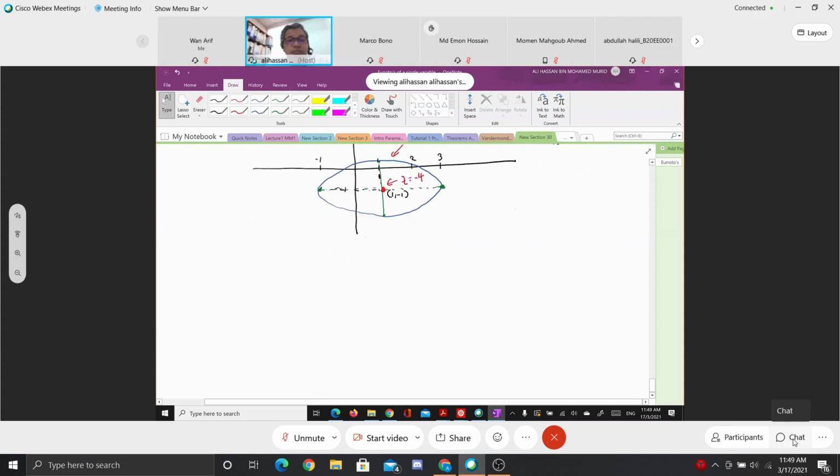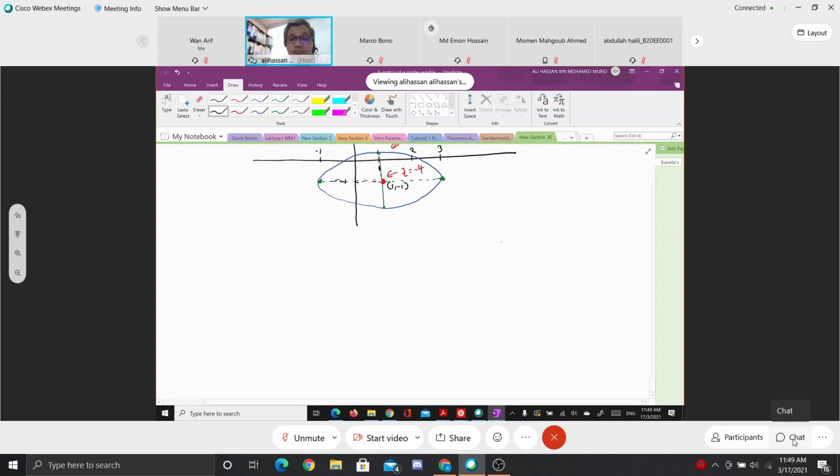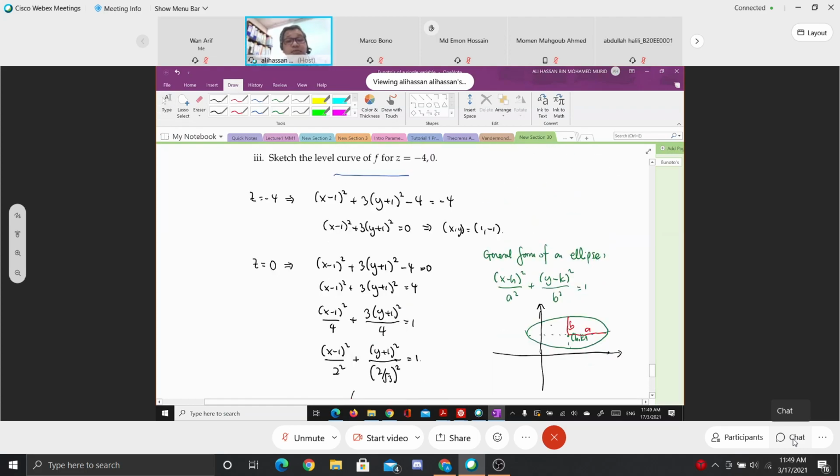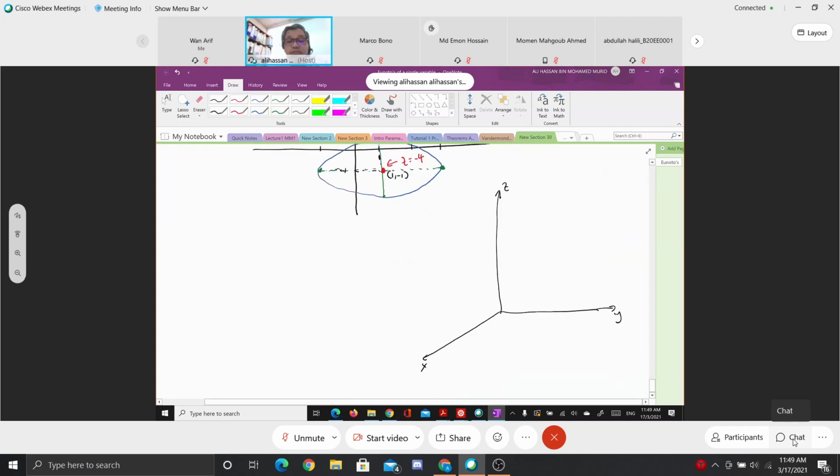The graph is an ellipsoid. When z equal to minus 4, it is just 1 point here.